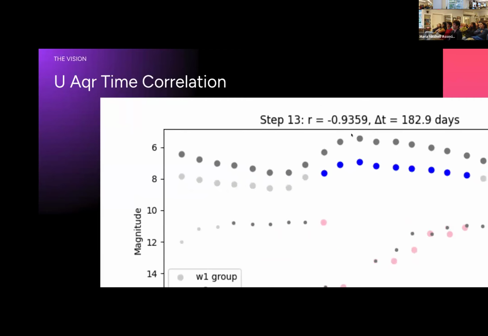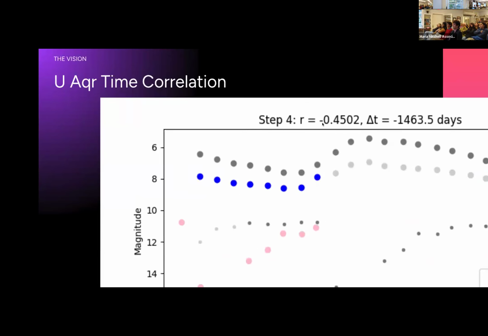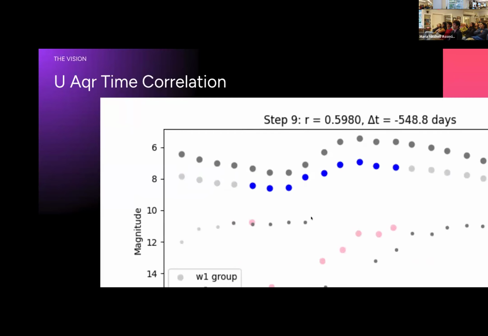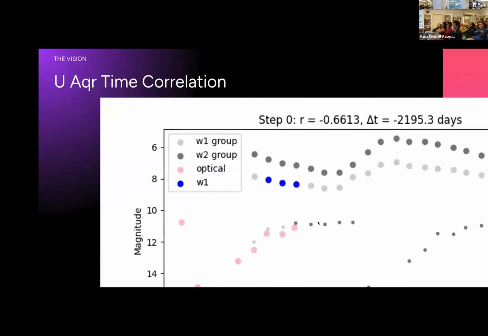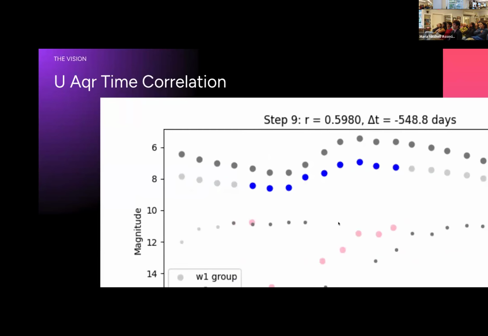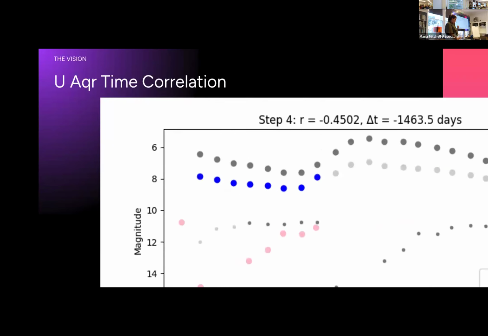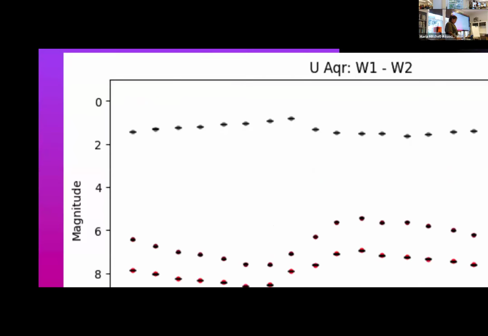And I'm trying to figure out when this R is the highest, and that will tell me if we have a correlation or not. And we see the highest correlation for this one at 180 days, so a step right after the original decline. And it's a negative correlation, which is telling us that we have a correlating maximum here with a minimum here.